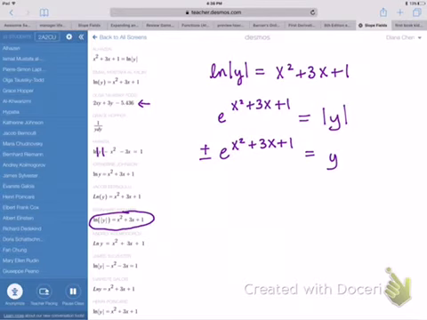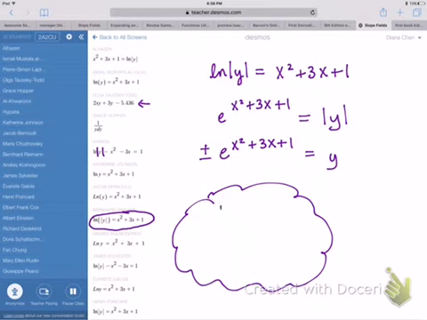Here's the other reason in a little thought bubble down here. If you had an equation, absolute value of y equals 2, what possible values could we substitute in for y here so that when we evaluate the absolute value, we get 2? You think for just a little while, you realize that y could be positive 2 or it could be negative 2. So y equals plus or minus 2.